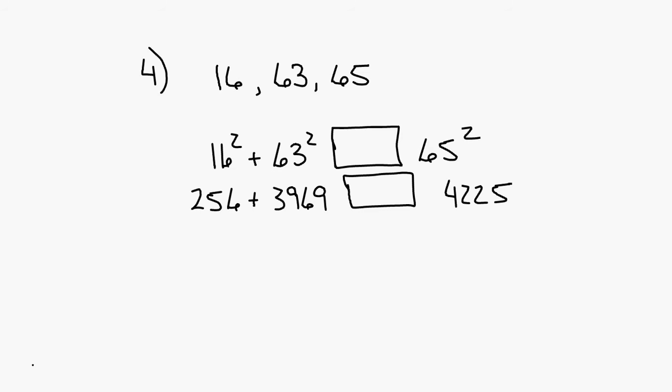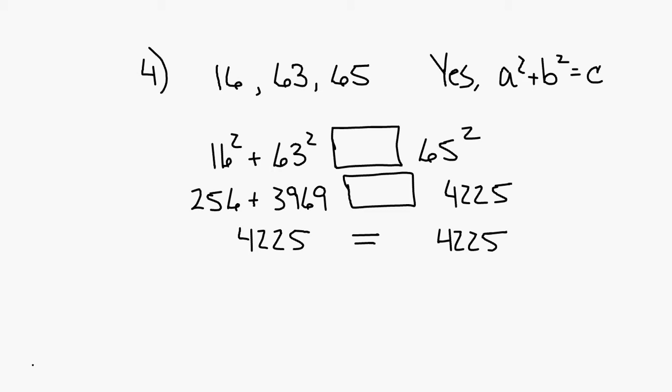Alright, so if you go back to this 3969 and you add it to 256 and hit enter or equals, you get 4225. So a squared plus b squared in this case is equal to c squared. So that makes this a right triangle. The question, is it a right triangle? Yes. A squared plus b squared equals c squared.